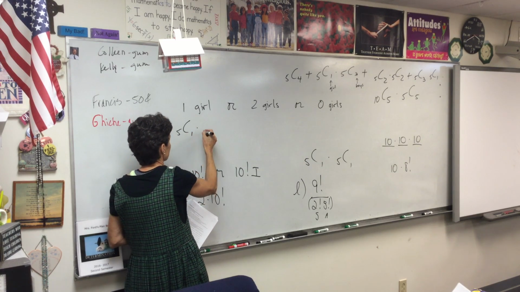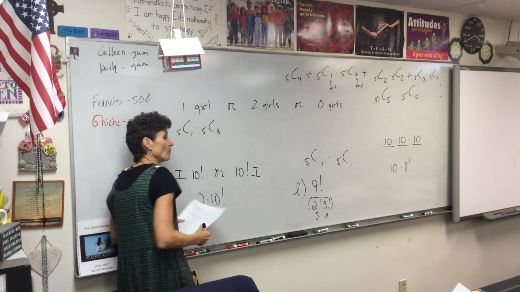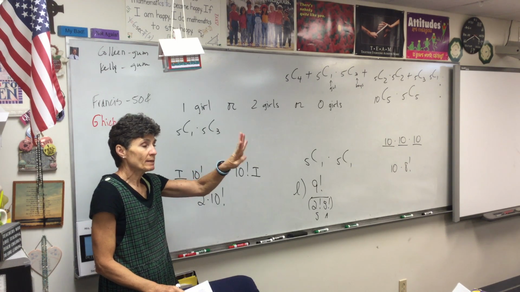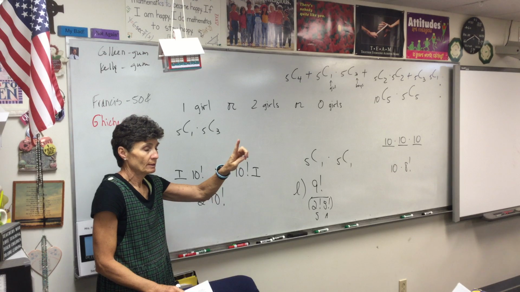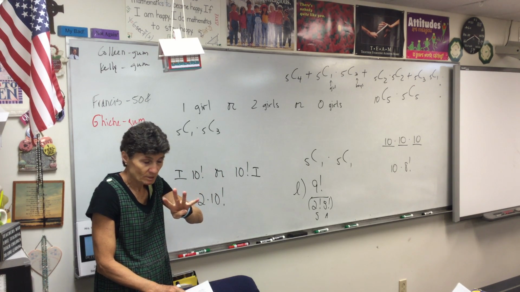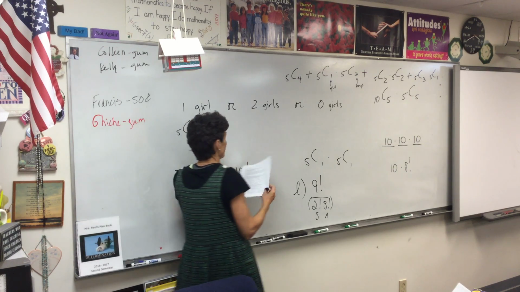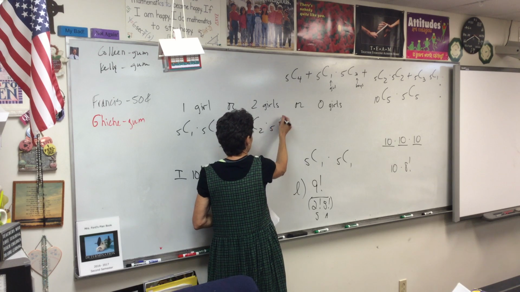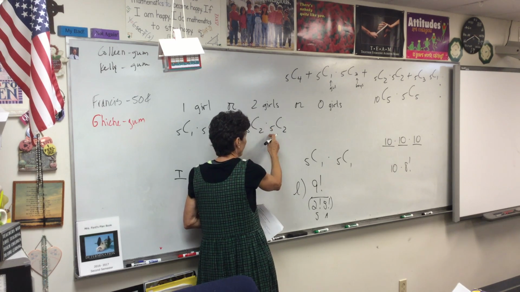5C1 times 5C3. Remember, you're picking a committee of 4. If you tell me, Miss Ford, there's got to be 1 girl, then that means there has to be 3 boys, if it's a 4-person committee. All right, so 2 girls. 5C2 times 5C2. There's 2 girls, 2 boys.